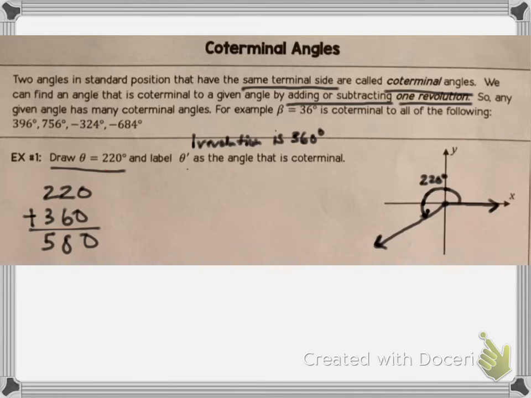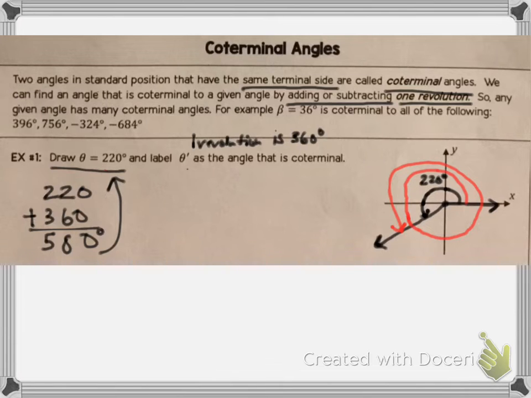So this angle, 580 degrees, is coterminal with 220. So let's just draw it. I'm going to go 220, and then do a full revolution. That'll put me back at this terminal side. So that angle is 580 degrees in red.